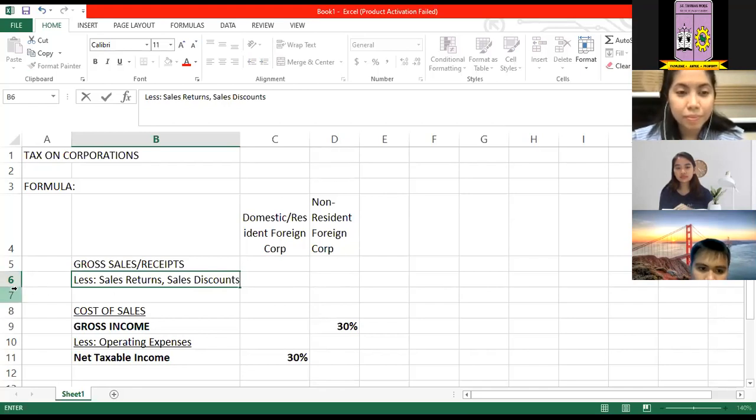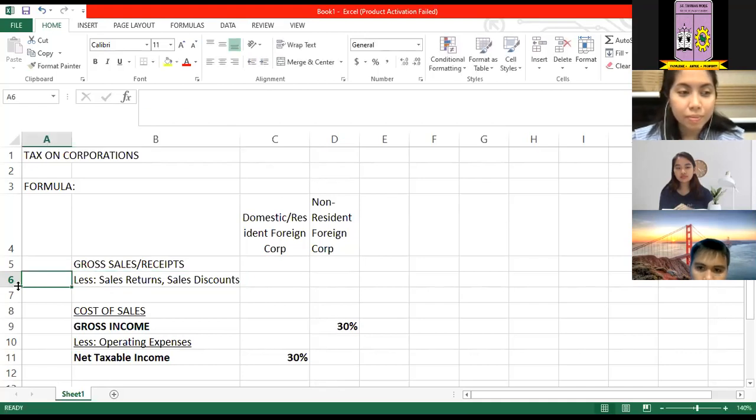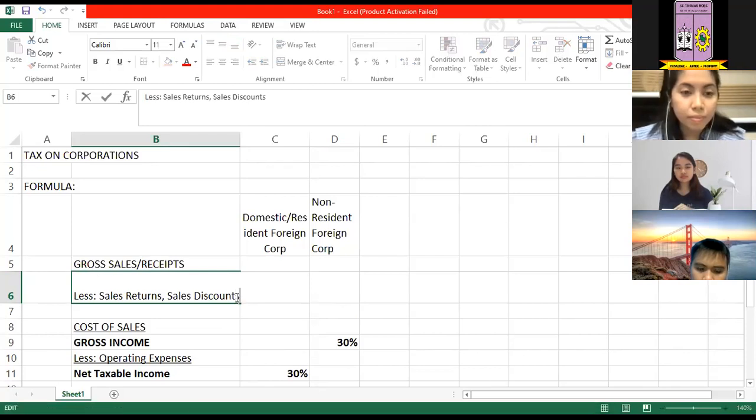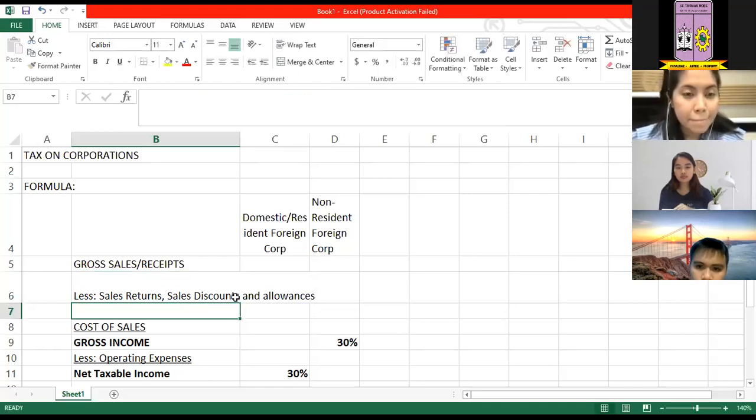So, syempre, kasi yung discounts, hindi naman yan kita kasi nga discount, di ba? So, kailangan nating i-deduct from the gross sales. And allowances.